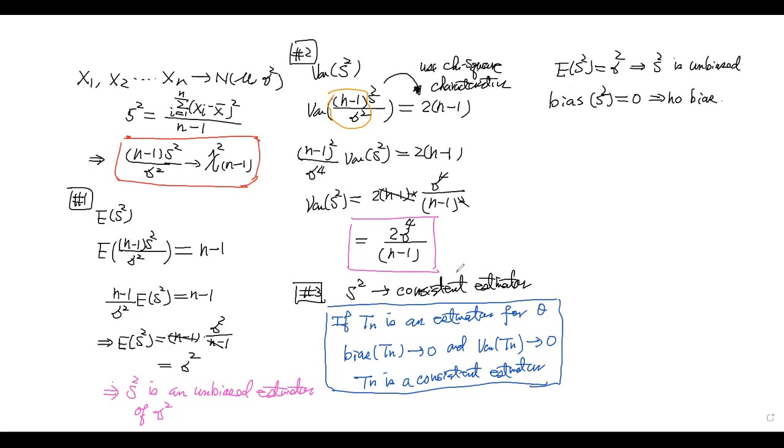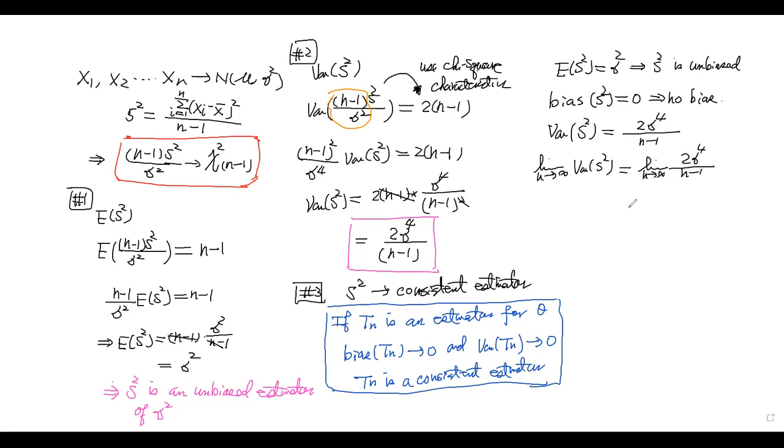All right. So the next condition the theory tells us is the variance goes to 0. From part 2, I just found that the variance of s square is equal to 2 sigma to the fourth over n minus 1.